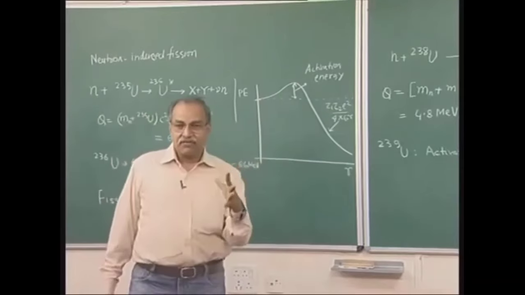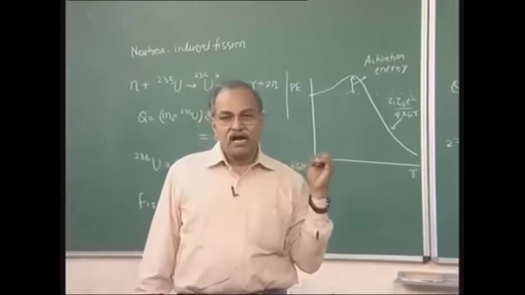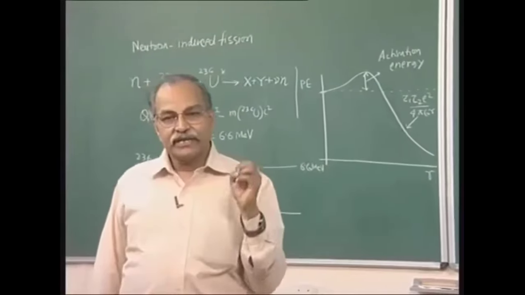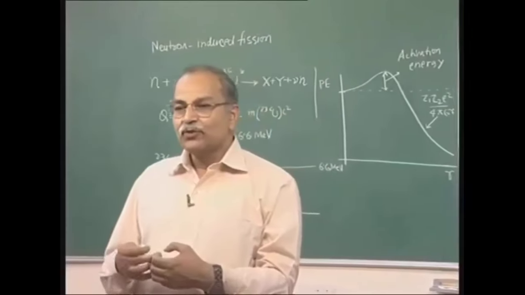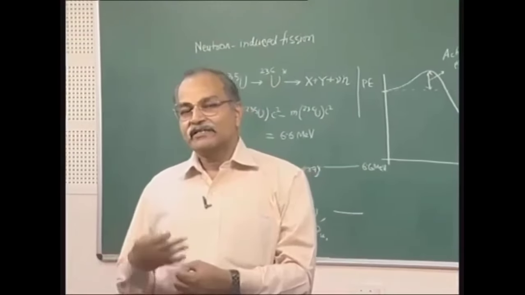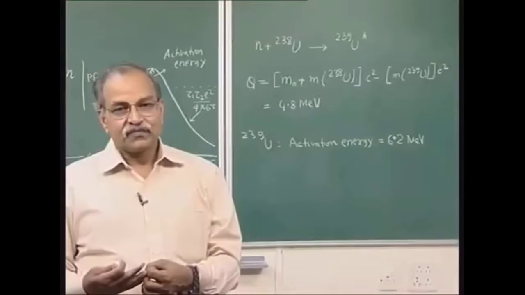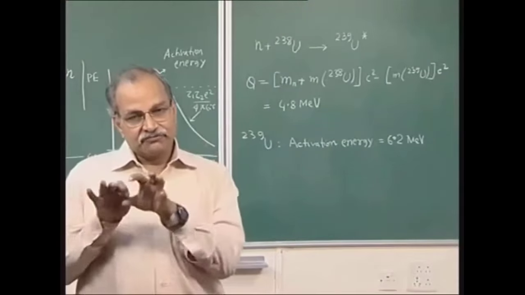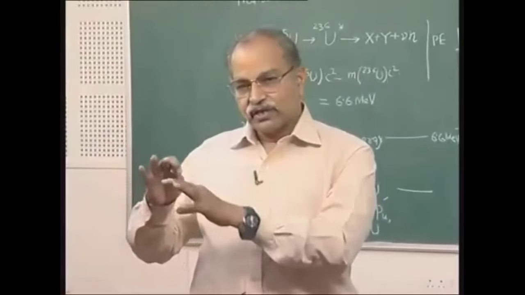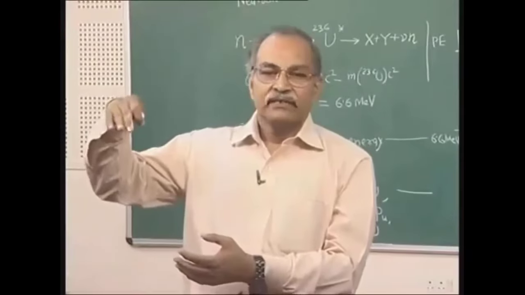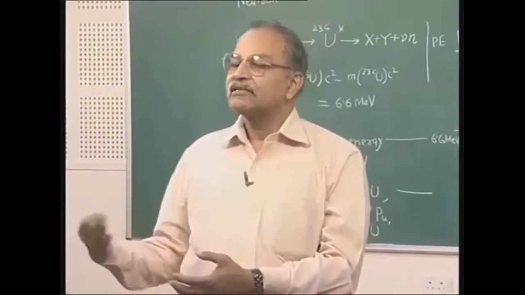But one can give these neutrons high enough initial kinetic energy, so that the excitation energy is the Q value plus the initial energy of the neutron. And then if you give sufficient energy to this neutron, so that the total energy becomes more than the activation energy, then it can fission.